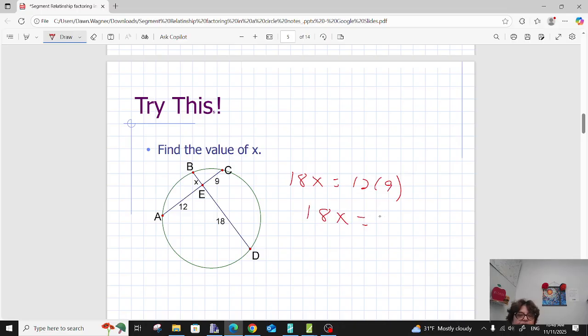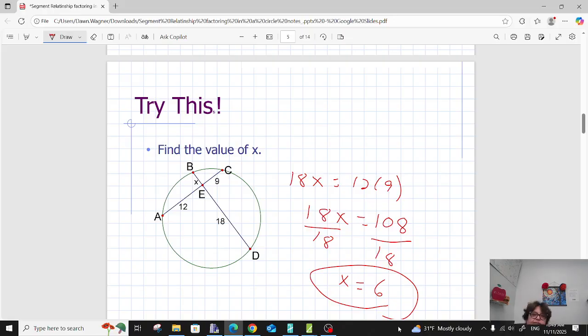X has to equal, what is 12 times 9? 108? Divide by 18, and X is equal to 6. Right?